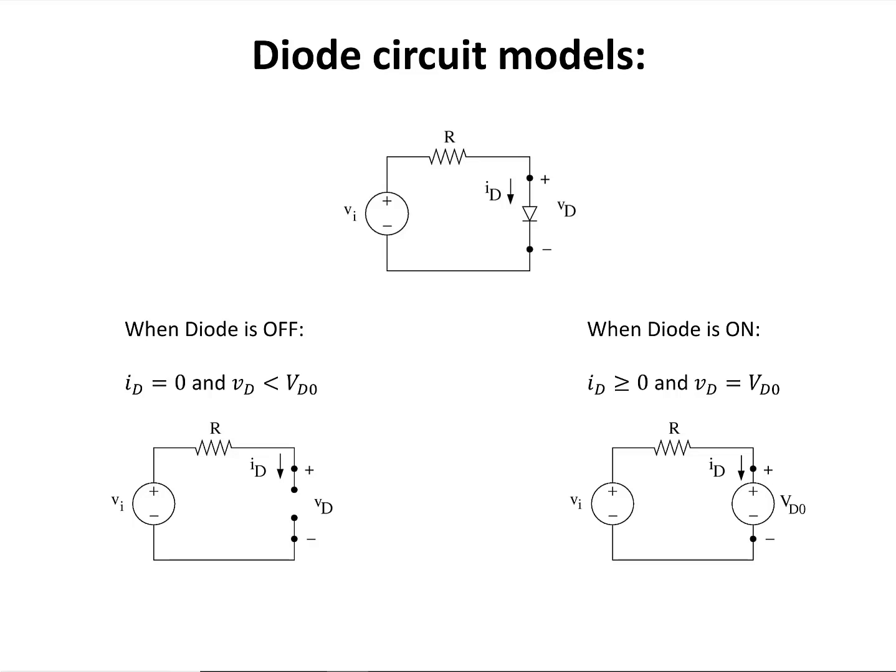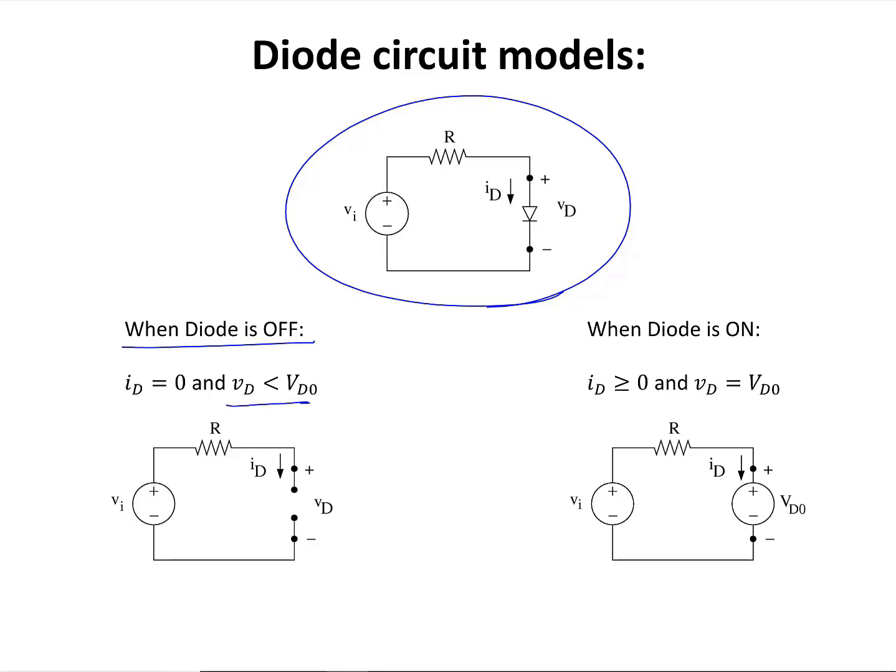For example, in the given circuit, when the diode is off, ID is going to be equal to 0, and the voltage across the diode, VD, is supposed to be less than VD naught. We can replace the diode with its circuit model for the off state, which is an open circuit, calculate VD, the voltage across the diode, and compare it with VD naught. If it is less than VD naught, then our assumption was correct and the diode is off.